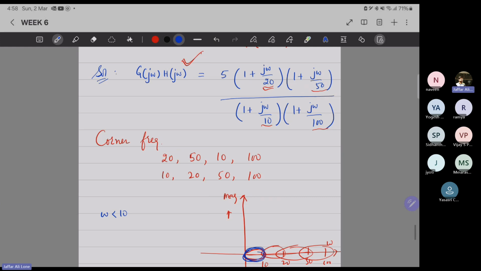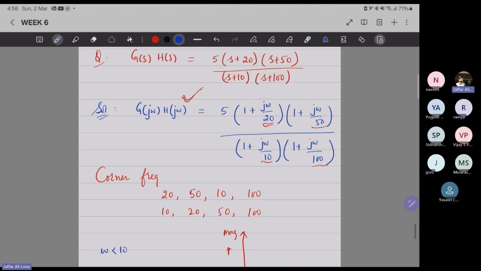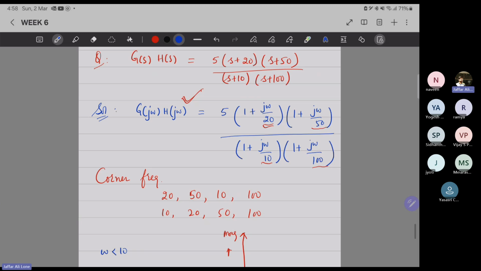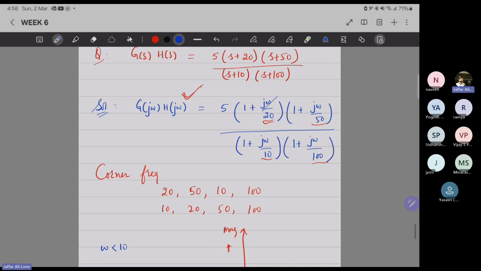So what you do, see what you do. You will now go to this main transfer function and you will ignore omega in all terms. Why? So for example, you are in this region, so you will ignore all omegas here. So you'll ignore this omega, this omega, this omega, this omega.